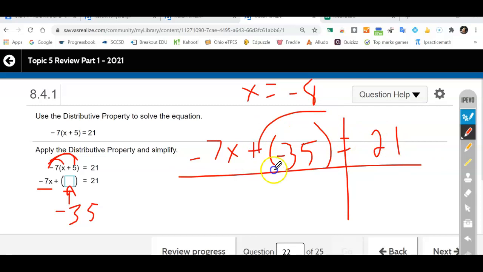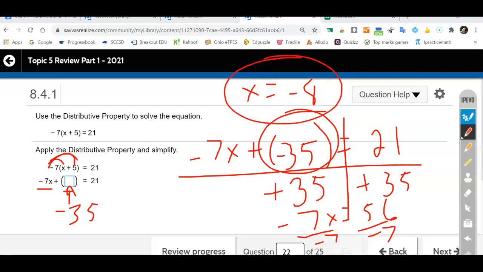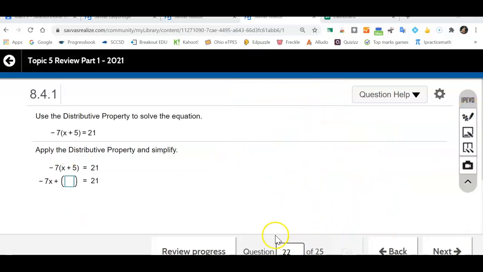Make our t-chart. We get rid of -35 by adding 35. The additive inverse is a positive 35. -7x equals 56. And now we divide both sides by -7. What's 56 divided by -7? -8, right? So that just adds the distributive property before we solve it using our two-step method.